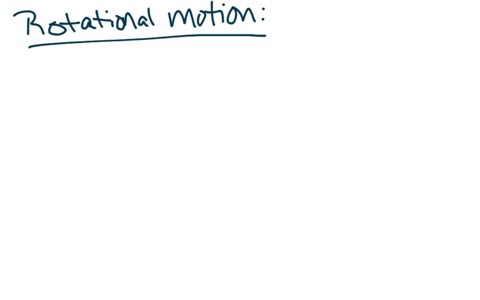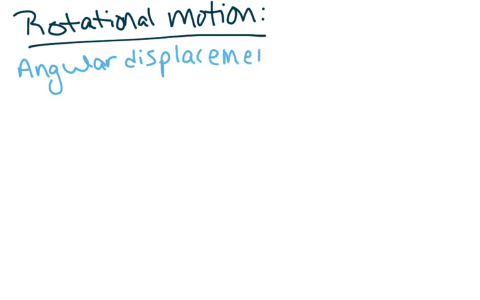Okay, so let's review some basics from rotational motion. Just to review, again, our variables: the angular displacement is represented by theta. If it's displacement, we do delta theta, and we just did the equation for that a minute ago.